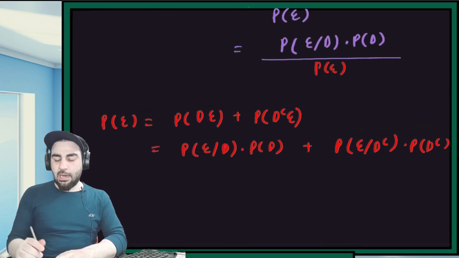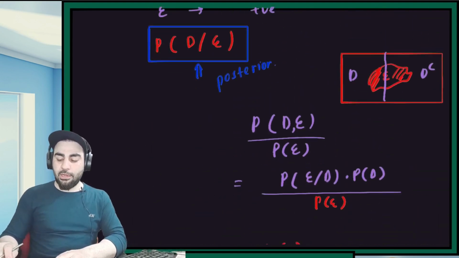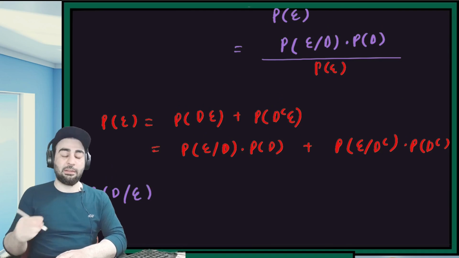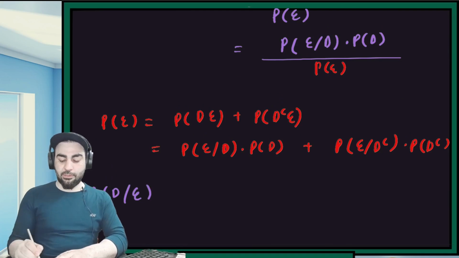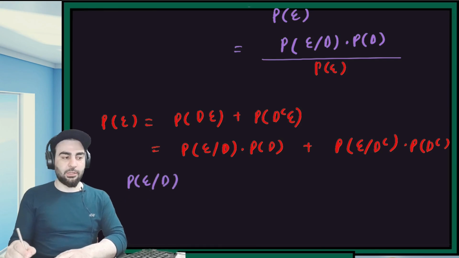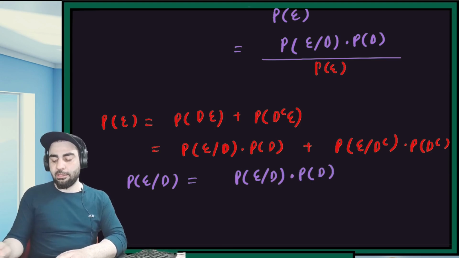Now our equation becomes: we have to find the probability that the patient is diseased given we got the evidence, that the test was positive. This is equal to the probability of E given D multiplied by the probability of D, divided by this whole term.